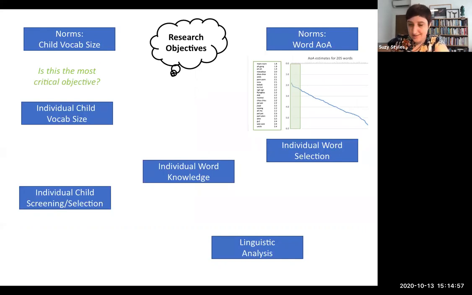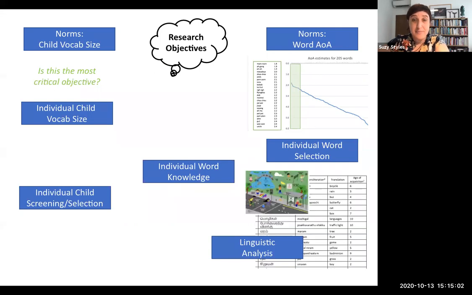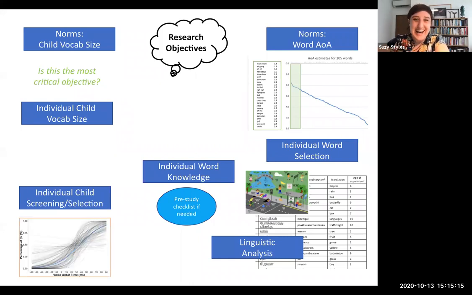So targeted surveys for age of acquisition estimates, checking with experts for estimates of age of acquisition for individual study items, pre-study checklists for individual children taking part in individual studies. And maybe we can get at the process of screening children who may go on to have language or developmental difficulties via other robust methods in the literature, such as phoneme categorization skills.